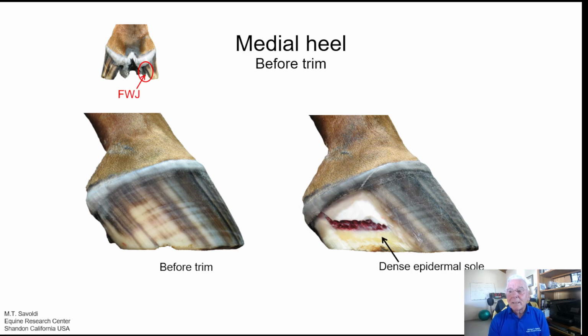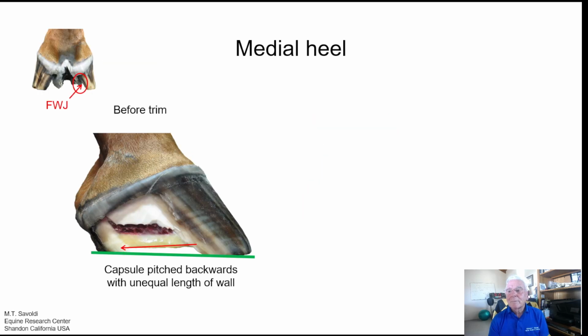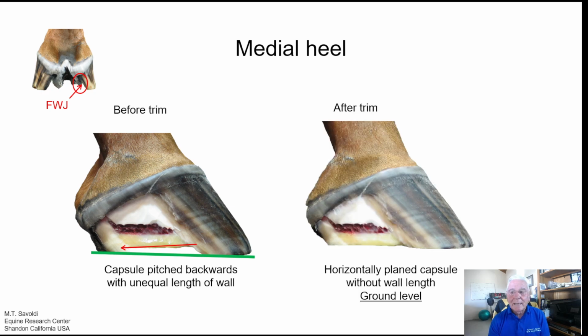But we can see that there's our dense epidermal sole, our excess sole, and our moisture line. When we put our window in the foot, we can see how this foot now is pitched backwards because the toe length is longer than the heel length, and our horizontally planed hoof capsule or hoof wall at ground level.